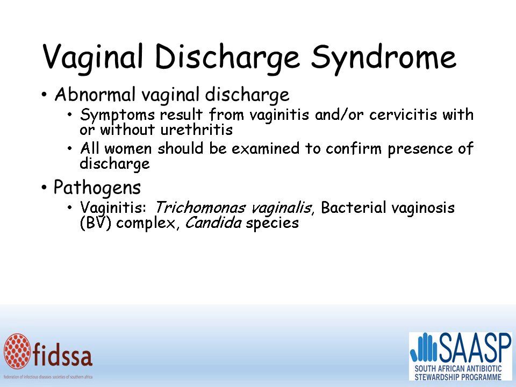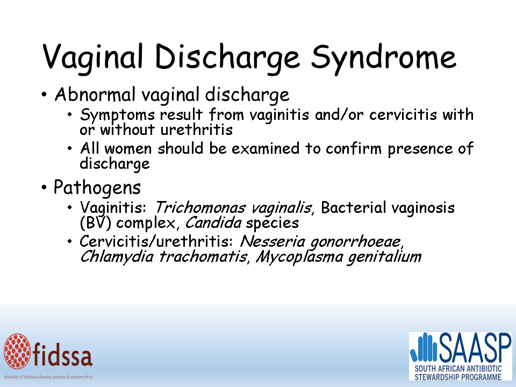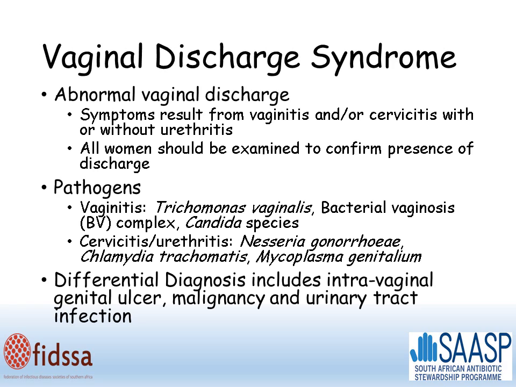The common pathogens causing vaginitis are Trichomonas vaginalis, bacterial vaginosis complex, and Candida species. And those causing cervicitis and urethritis are Neisseria gonorrhoeae, Chlamydia trachomatis, and Mycoplasma genitalium. The differential diagnosis includes intravaginal genital ulcers, malignancy, and urinary tract infection.